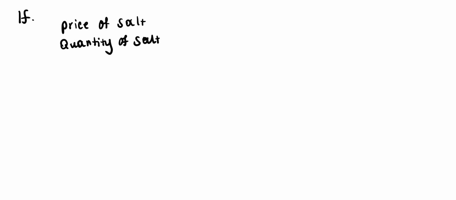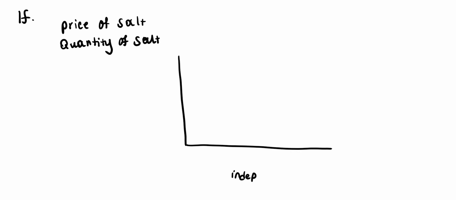Okay. And now I have to ask myself, because what I want to do is graph it. So I'll have my independent variable, the one that's determining another thing on the horizontal axis, and then my dependent on my vertical axis. And so now I had to ask myself, is it that the price of salt is determining the quantity of salt bought? Or is it that the quantity of salt bought is impacting the price of salt?